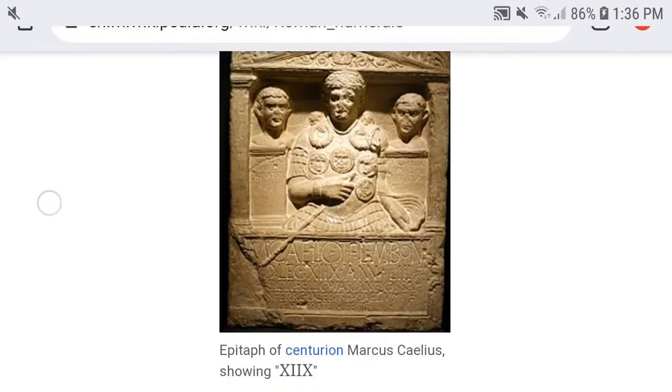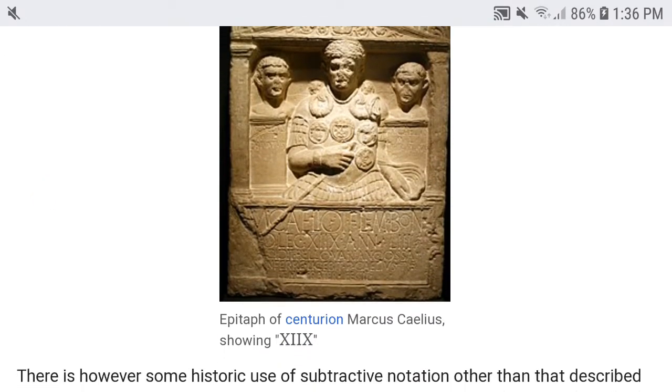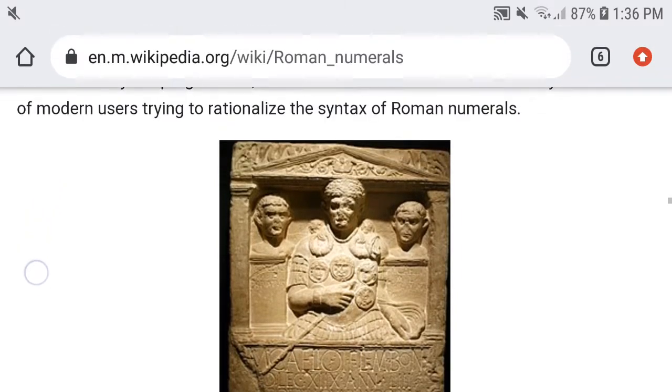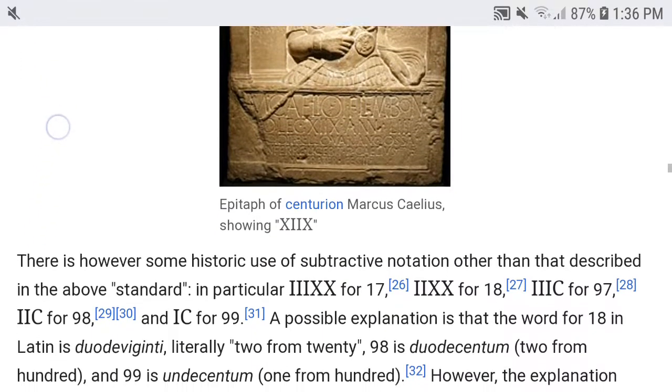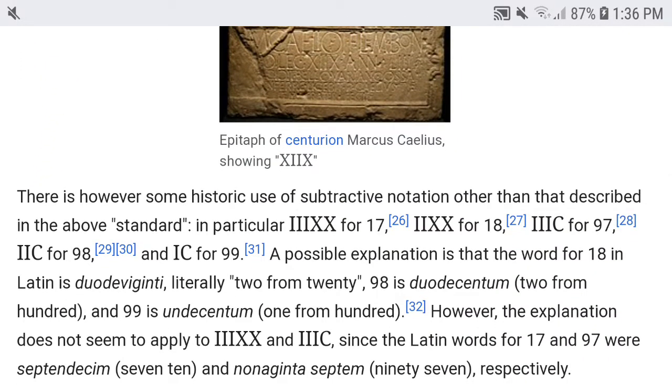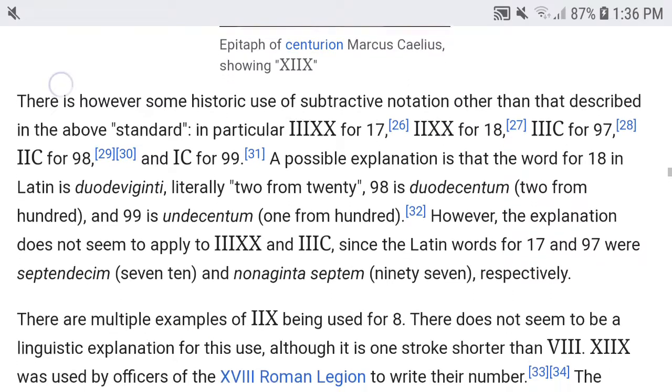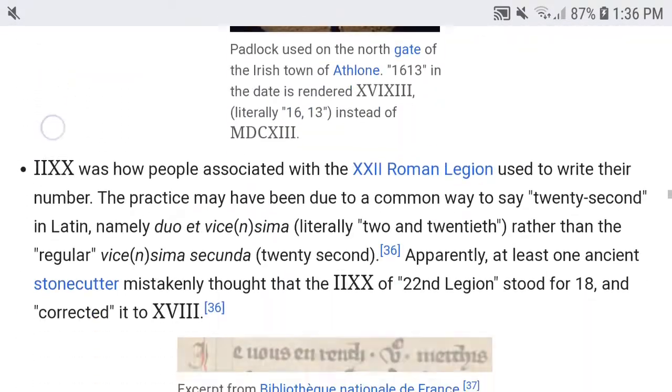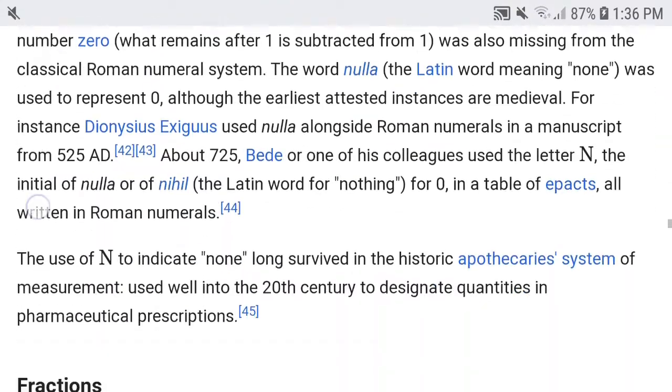Epitaph of Centurion Marcus Caelius showing XIIX, so that will be 18, right? X is 10, and then II is like 2, but less than 10, which is the X, which is 8, so it's probably 18. But yeah, I don't know. Again, all these variants, there's a lot of them.